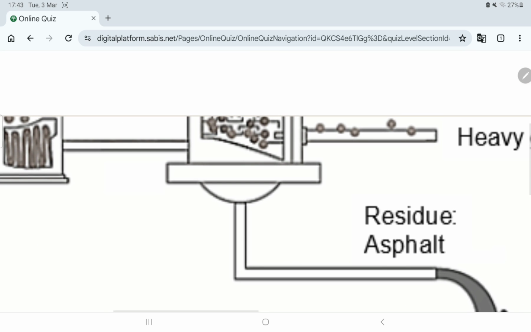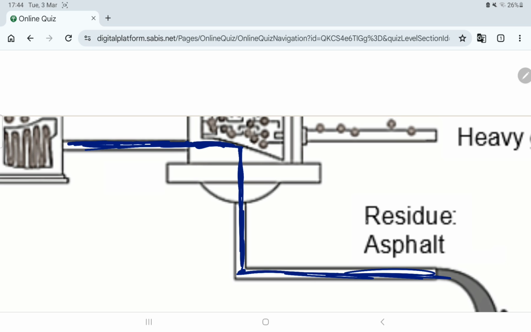Why? Remember I said its route should be different. It goes through here. Let's say it stops. It doesn't even boil. Why? It gets separated from the others and then directly goes down here as residue.